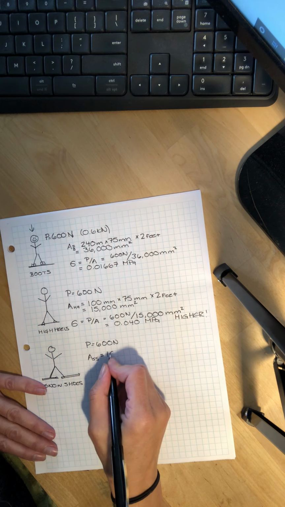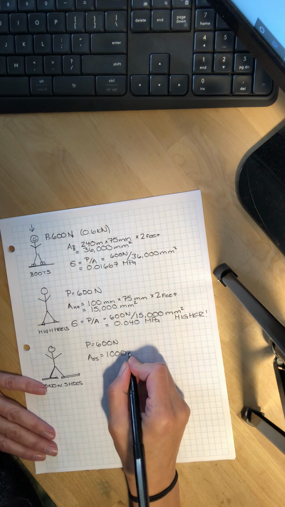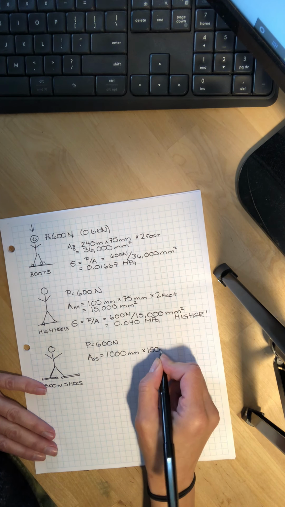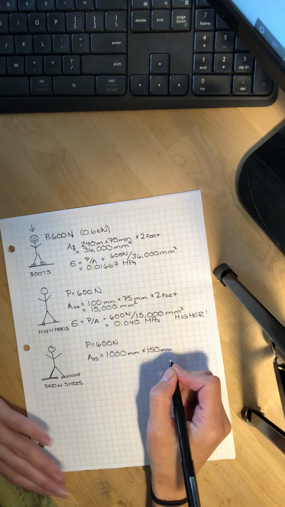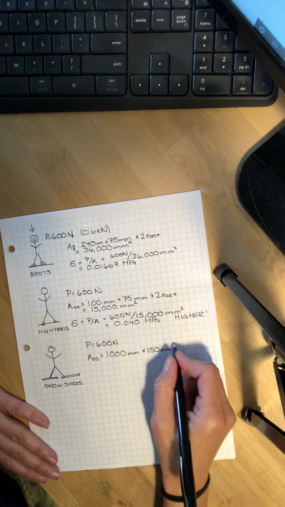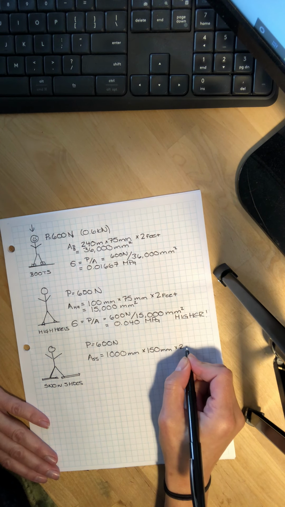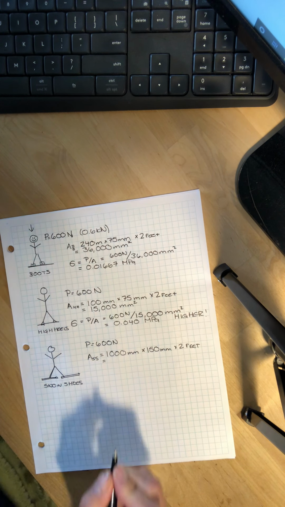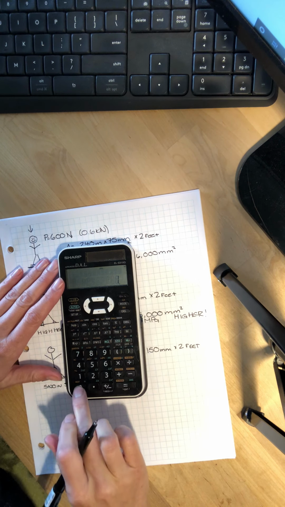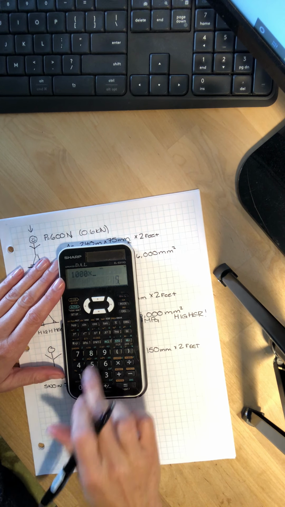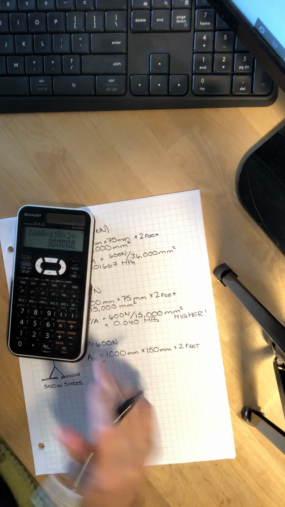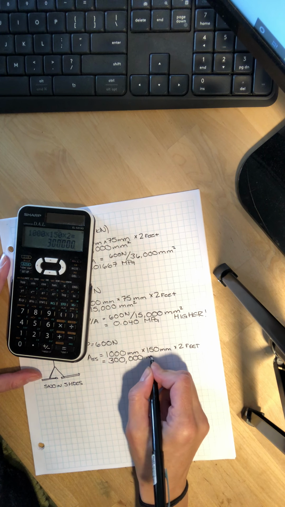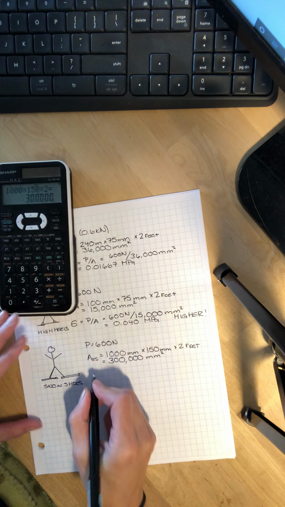Well, our area, I measured a pair of snowshoes as being 1 meter times 6 inches, or 1,000 millimeters times 150 millimeters times 2 feet. And I get the area of my feet on the ground is 1,000 times 150 times 2, or 300,000 millimeters squared.